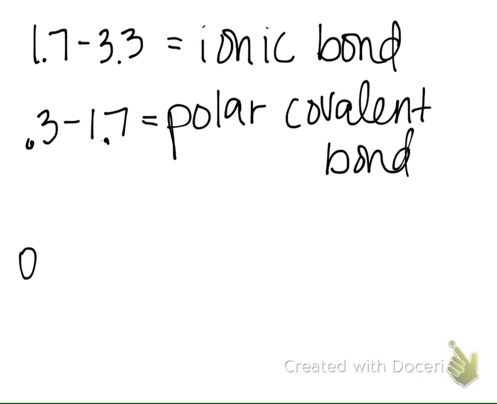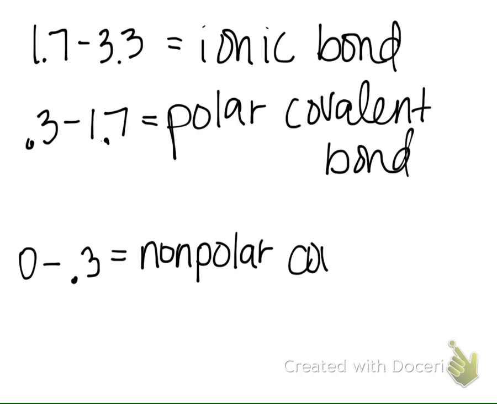And if the values are between 0 and 0.3, it's a non-polar covalent bond. These values are given on that purple to blue to yellow to green chart on page 176.